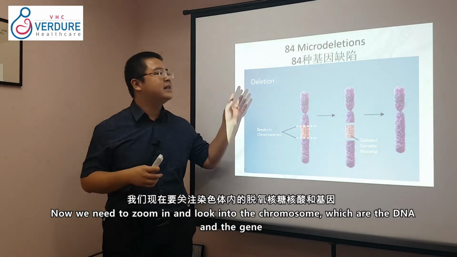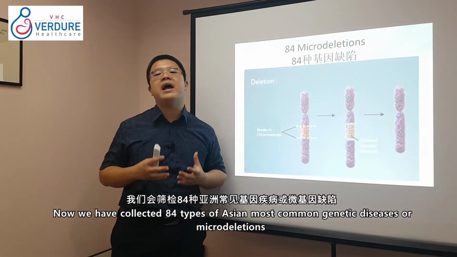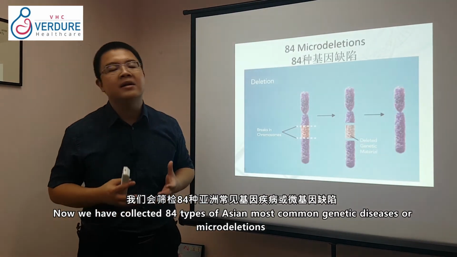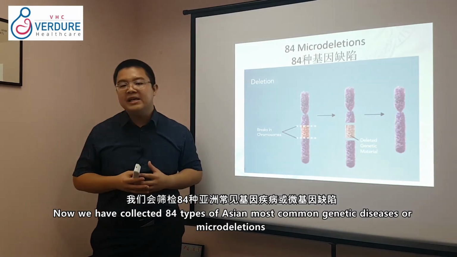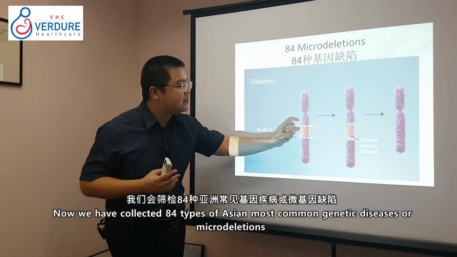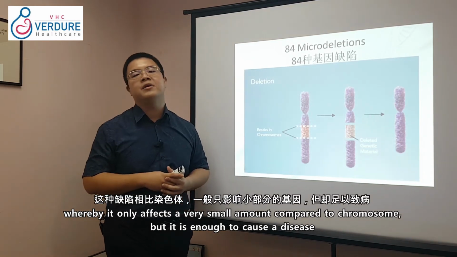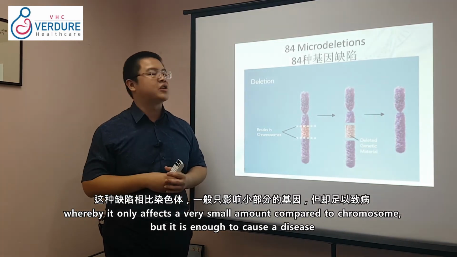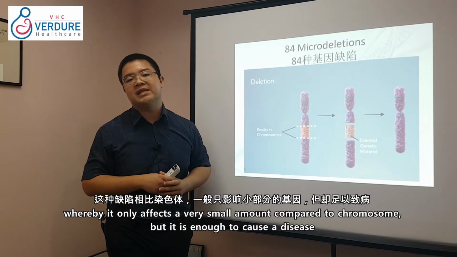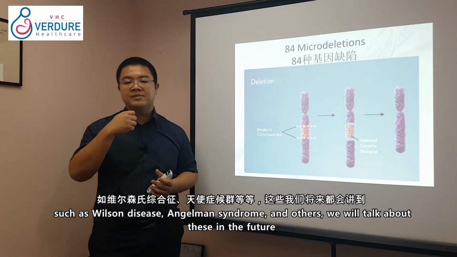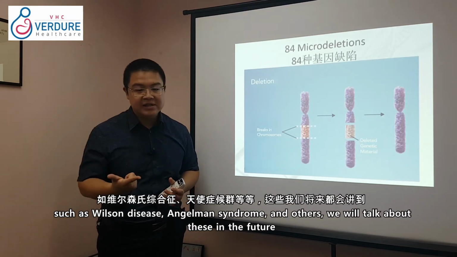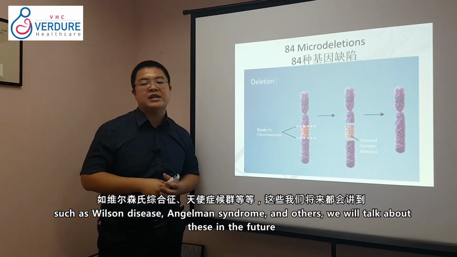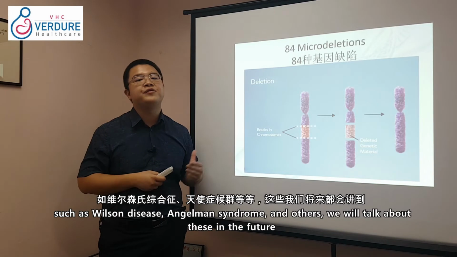And now we have collected 84 of Asia's most common genetic diseases, which are called microdeletions, whereby it only affects a very small amount compared to the chromosome, but it is enough to cause the disease. There are some diseases called Wilson's syndrome, Angelman syndrome, and etc., which we will go through in future talks.